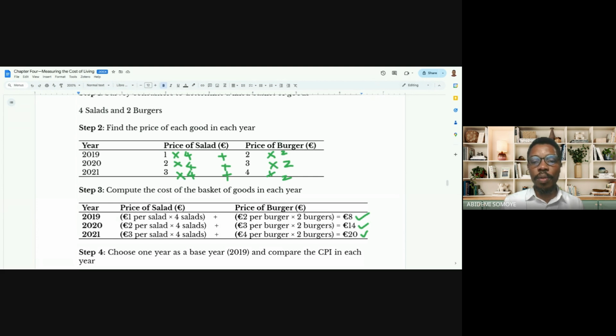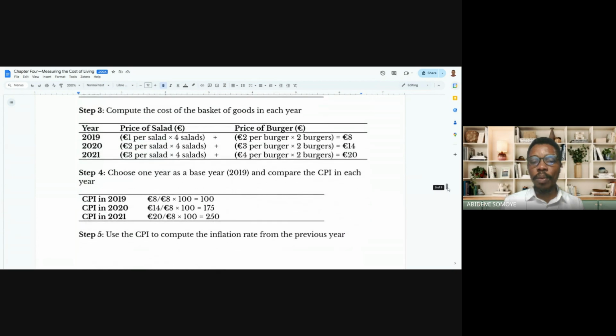Now, let's move to our next step. We also want to calculate the CPI. To calculate the CPI, we are going to pick a base year. We're going to pick 2019 as the base year. So if we pick 2019 as the base year, that will be 8 over 8, multiplied by 100, which gives 100.